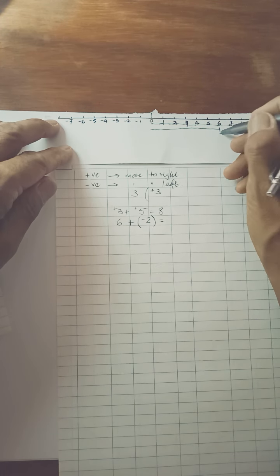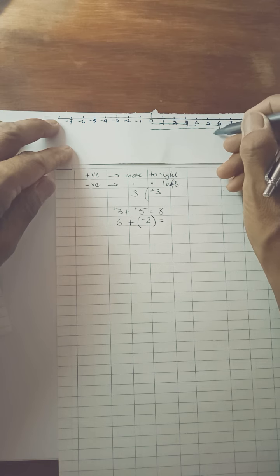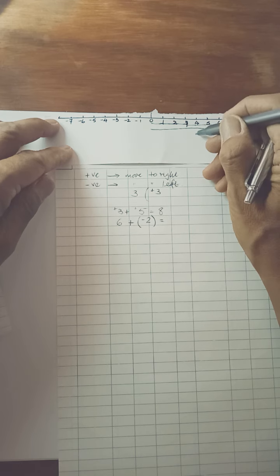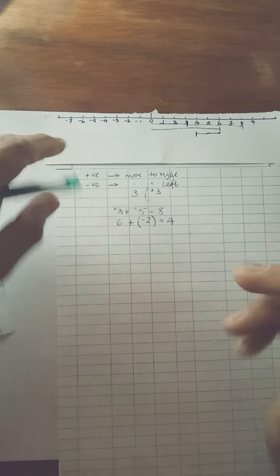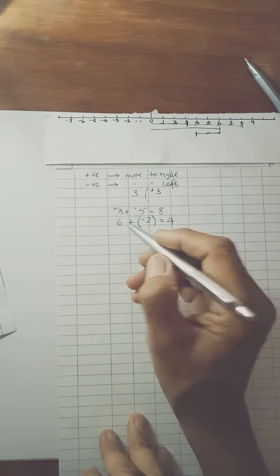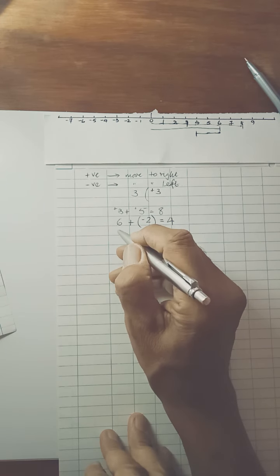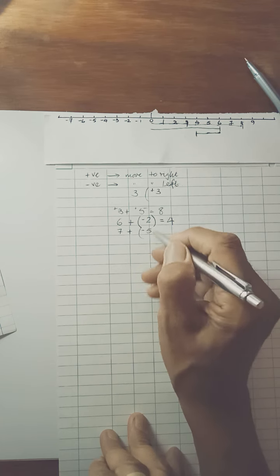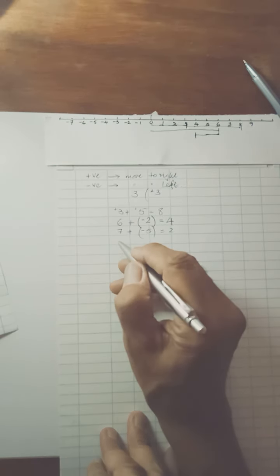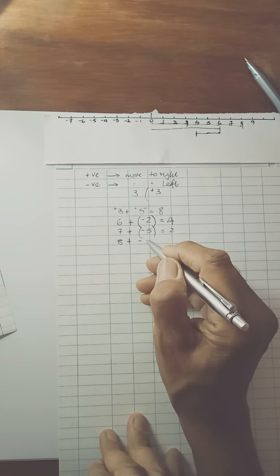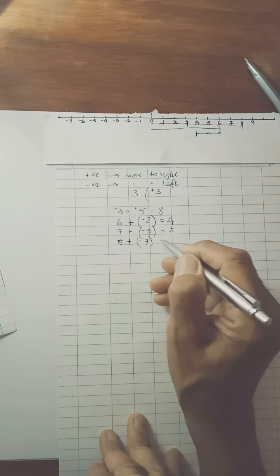So I'm here, and if I move to the left, I end up at 4. And then, you do a few more examples. So let me just put a few here. 6 plus minus 2 is equal to 4. 7 plus minus 5 is equal to 2. 8 plus minus 7 is equal to 1.